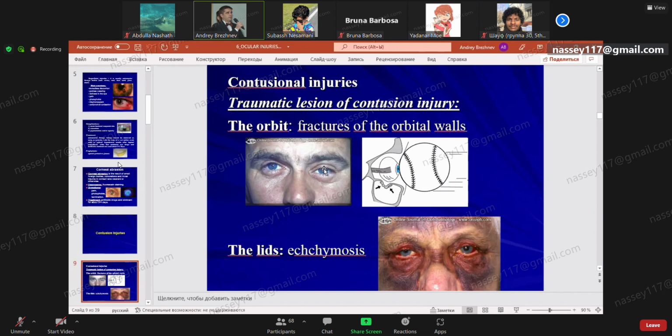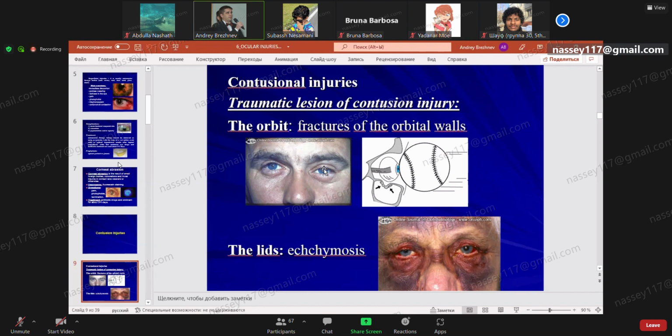Ptosis means impossibility of our patient to open the palpebral fissure due to the pulling down of the upper eyelid, and sometimes we need surgical treatment for these patients. Traumatic ptosis may follow damage to the levator palpebrae superioris muscle.